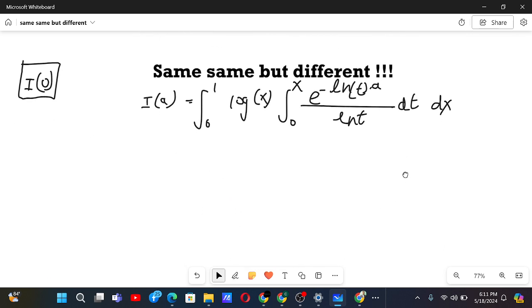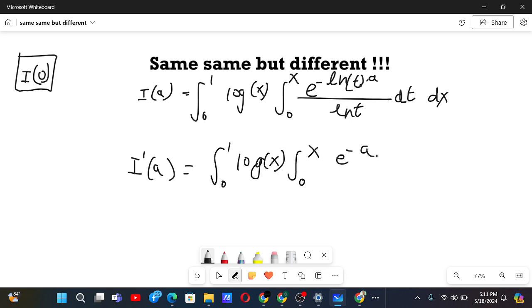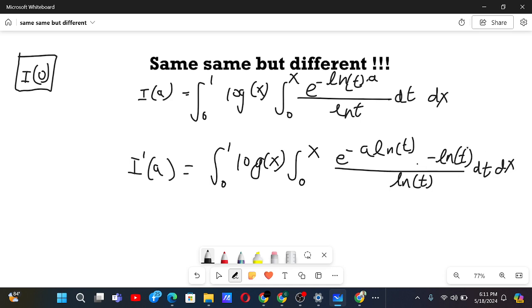Now what we can do is differentiate this with respect to a. Find I'(a): integral from 0 to 1 of log of x times the integral from 0 to x of e to the power minus a ln t and then minus ln t by ln t dt dx. Ln t cancels out and minus comes in front.